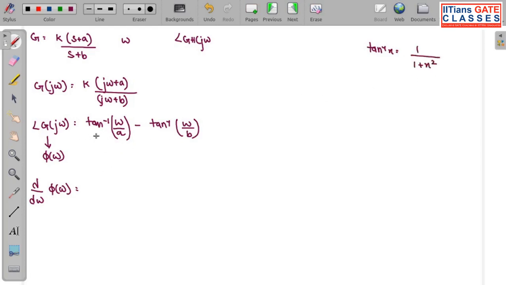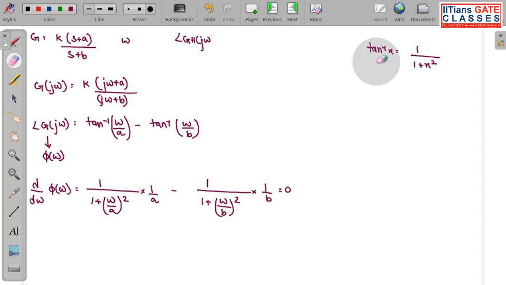So it will be 1 divided by (1 plus (omega by a) whole square) into, following the chain rule, 1 by a, minus 1 divided by (1 plus (omega by b) square) into 1 by b. This is the result I got. So I am equating this to 0.